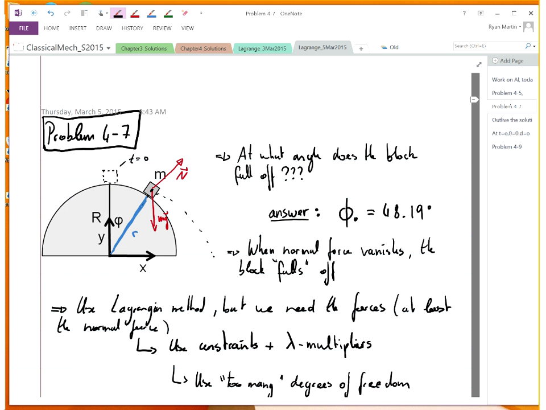So, what is the potential energy? Problem 4.7. So what is the potential energy in terms of the y-coordinate of the mass? The mass is at x and y.